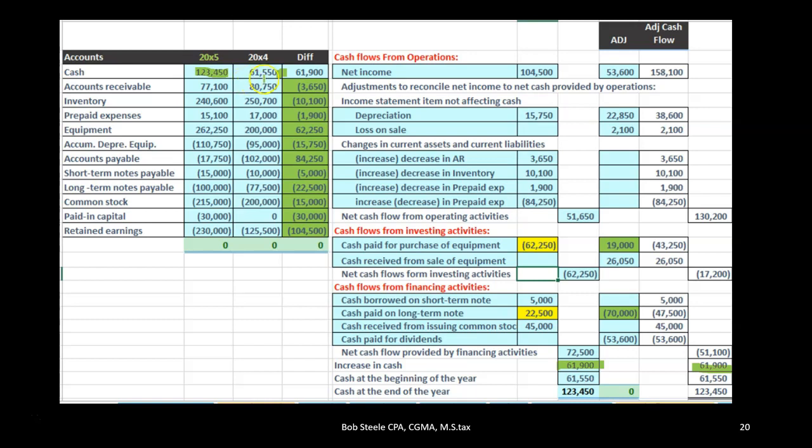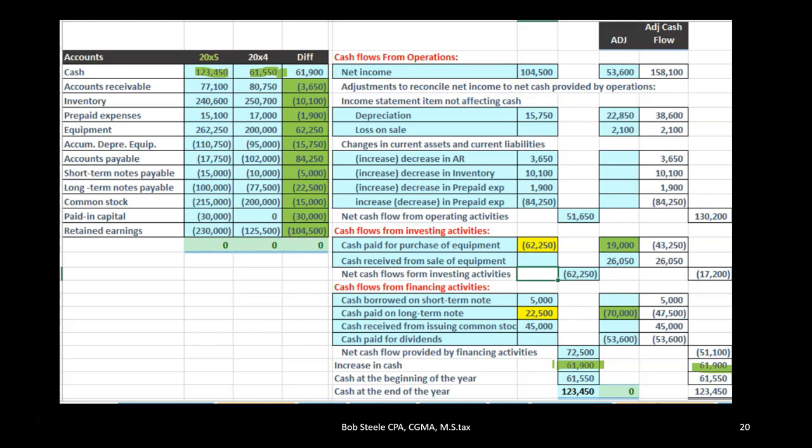So we're going to say, if that's the change in cash, let's just add that to the beginning cash balance, and we'll back into the cash balance as of the end of the time period. So really, this is our verification figure. This is the easiest one for me to use when we are creating the cash flow statement.